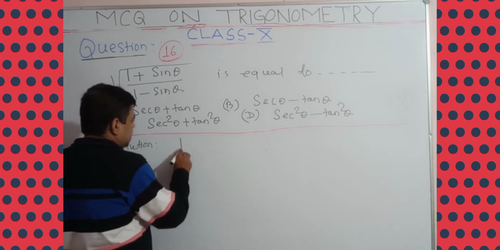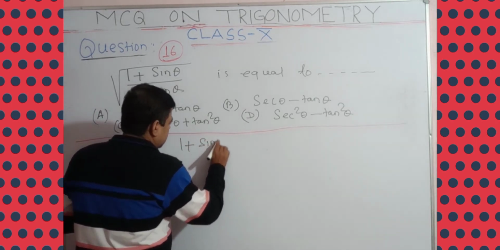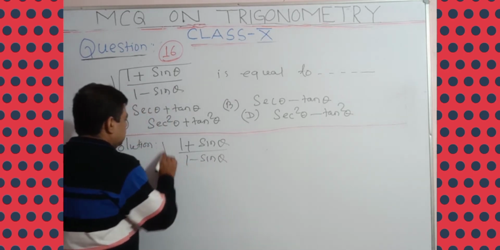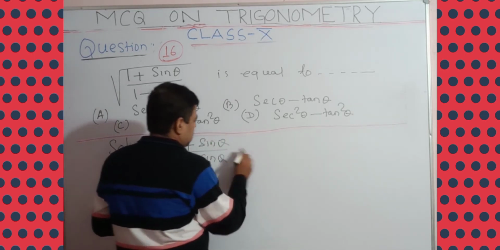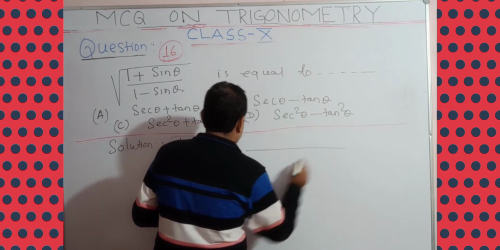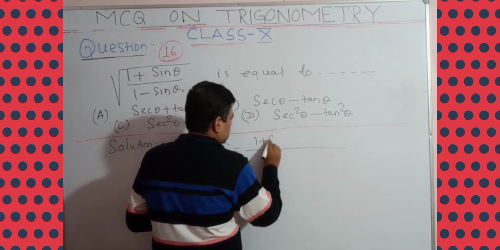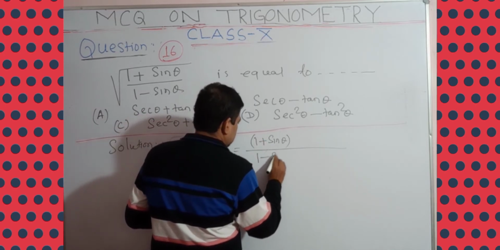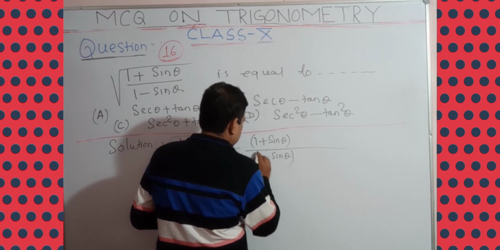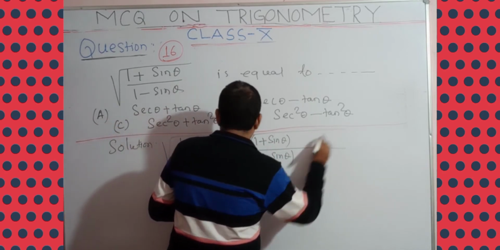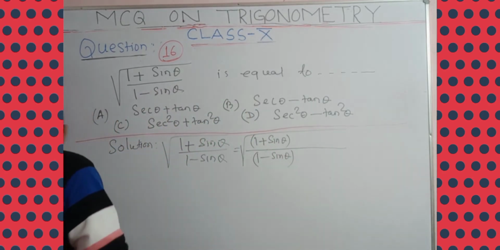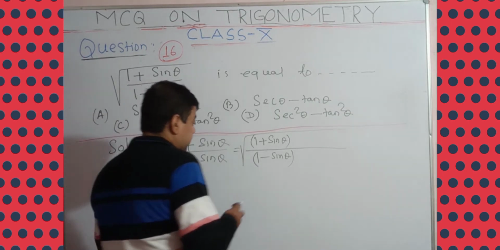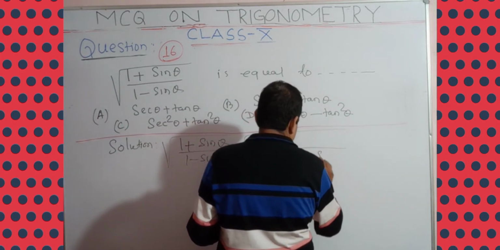Here the given expression is 1 plus sin theta divided by 1 minus sin theta, whole under root. Now 1 minus sin theta is the denominator, so let us find out the conjugate or rationalizing factor, which is 1 plus sin theta.